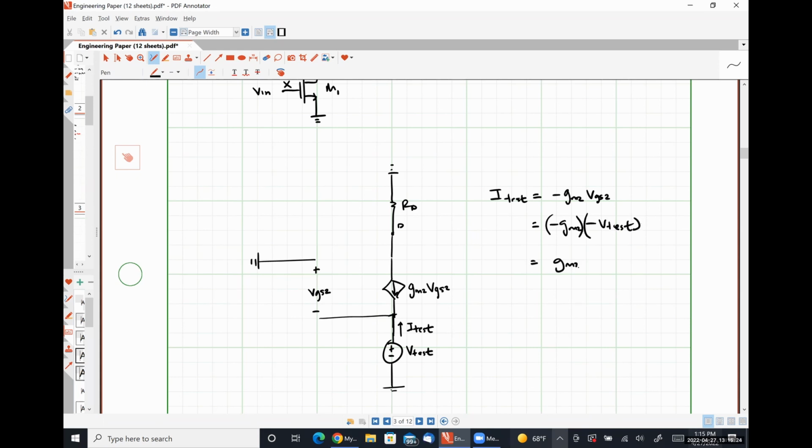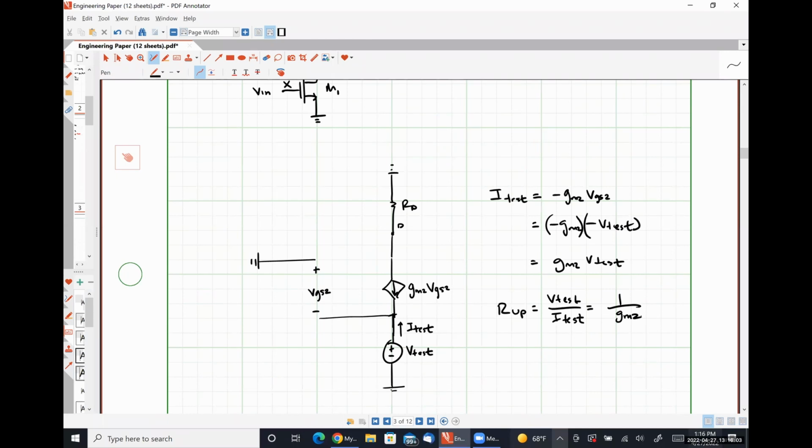Or I test is GM2 V test, and therefore R up is V test over I test, which is 1 over GM2. Does that satisfy your question? Intuitively I can see why we left RD out. If we apply the test source method, this is what we get. That's what I'm going to stick with because that's how my brain works.